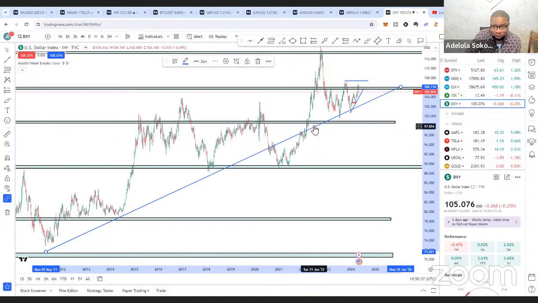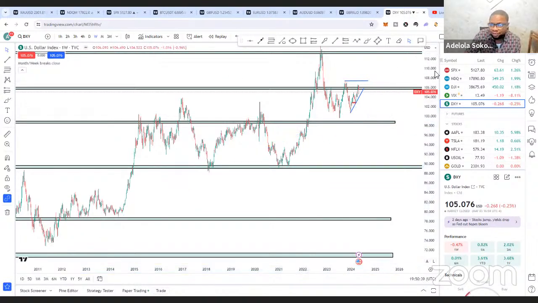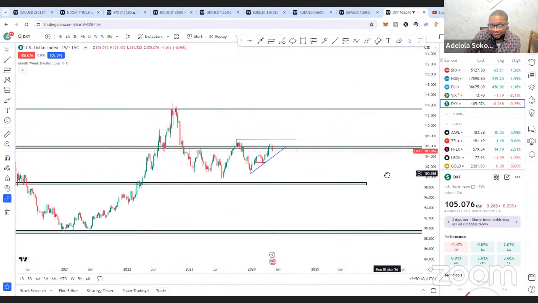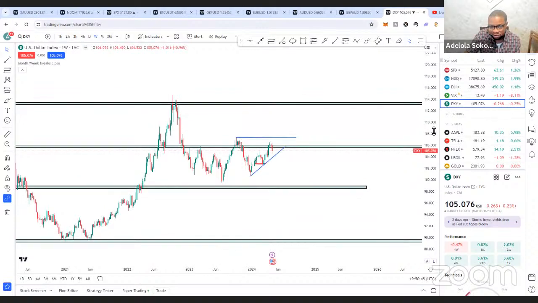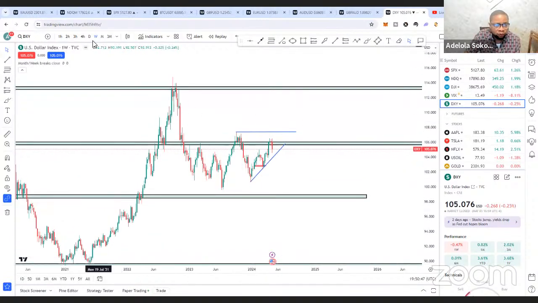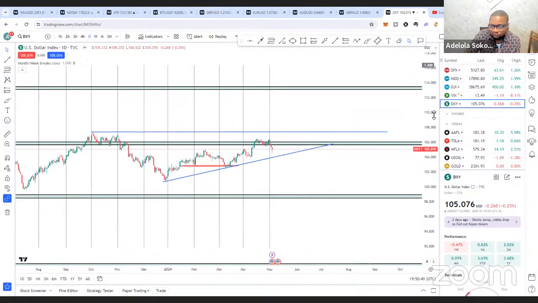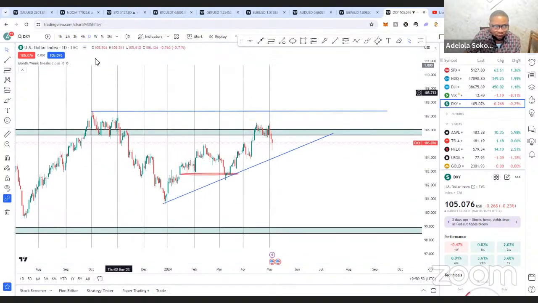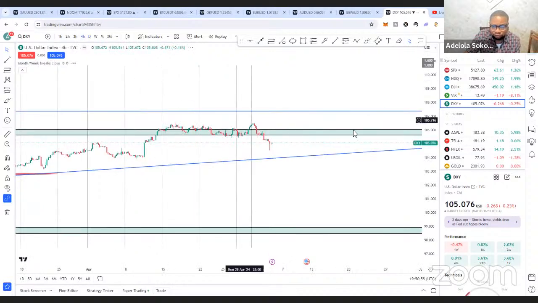All right. So it's the same idea for every instrument. That's why you can see that I can analyze all these instruments. So for the dollar index, if I see there's already a pullback, let's go to the 4-hour time frame.